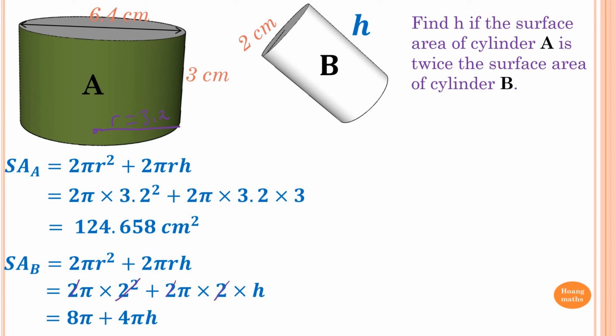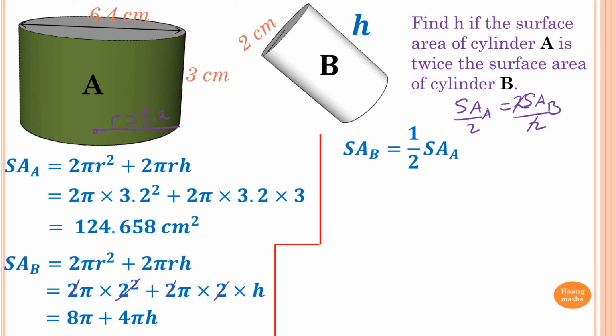But we know that the surface area of cylinder A is twice the surface area of cylinder B. So which is 2 times cylinder B. So if I divide by 2, the surface area of cylinder B is half of cylinder A, if you like. So I can write it like this.